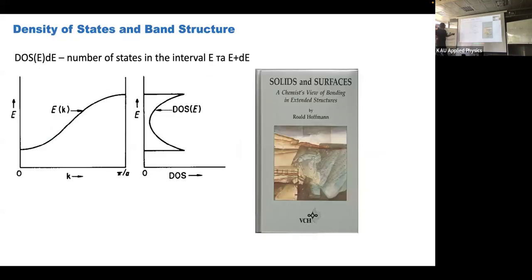And the density of states, which is tightly connected to band structure. You can say that if our band is narrow, it means that there are a lot of states here, and if it rises with some huge angle, we have a lower number of states here.